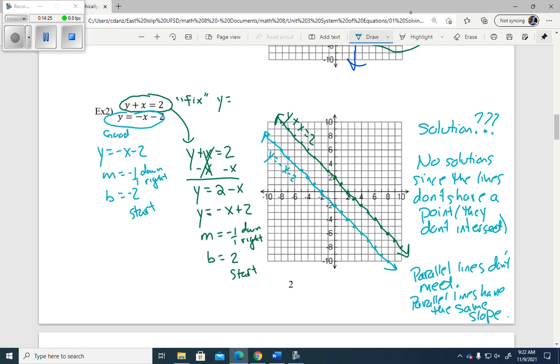So if you're ever given a question that asks you to solve and the lines turn out to be parallel, your answer is this: no solution. No solution. Okay? Let's move on.